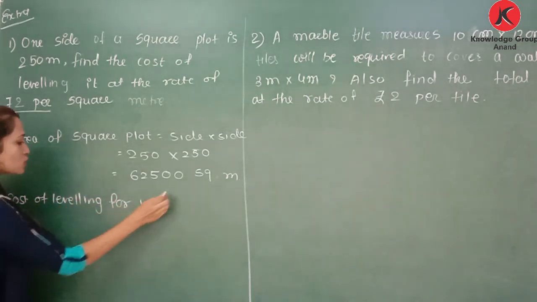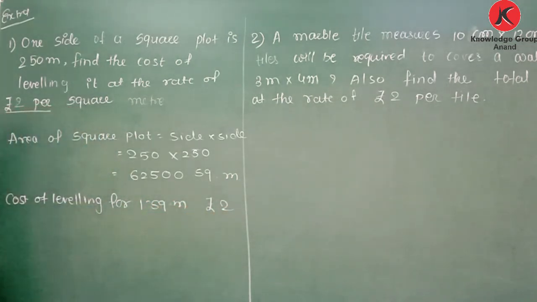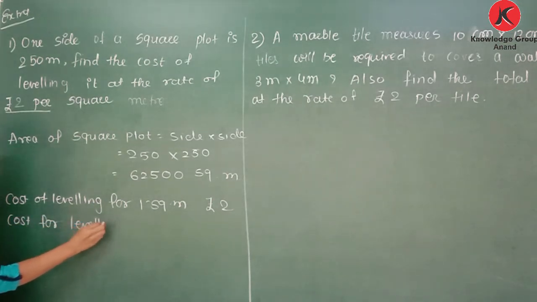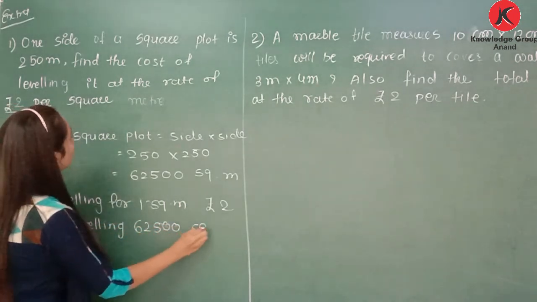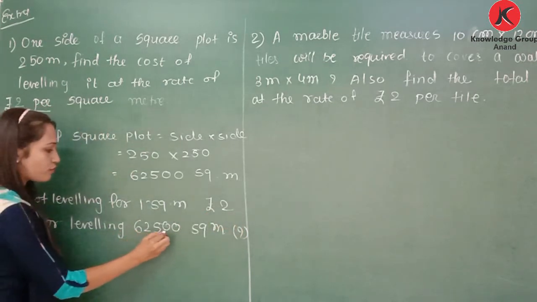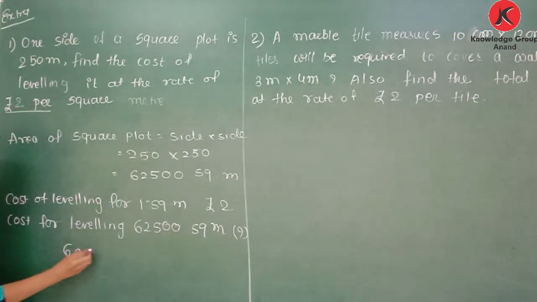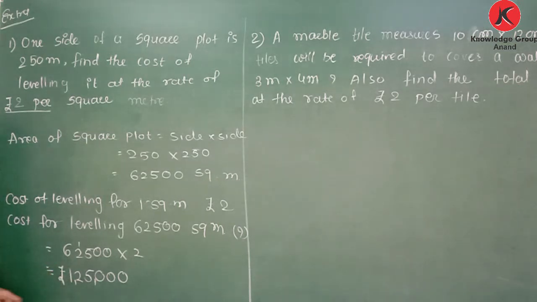For 1 square meter it is 2 rupees. So the cost for 62500 square meter is how much? Now multiplying 62500 with 2, it is 1,25,000 rupees, that is the cost of leveling.